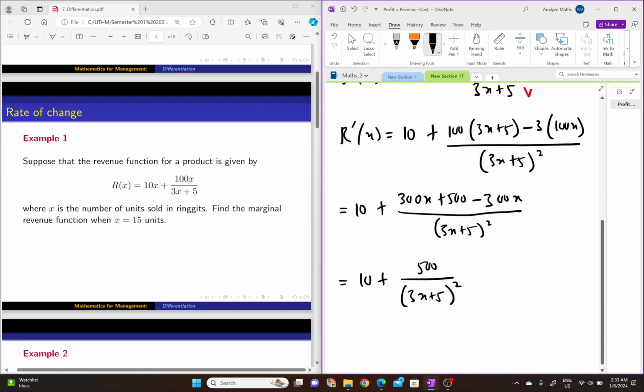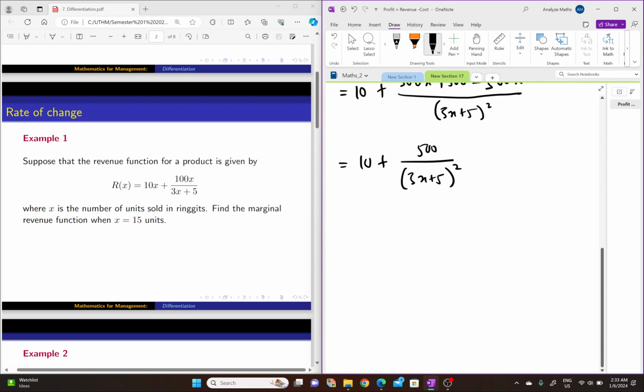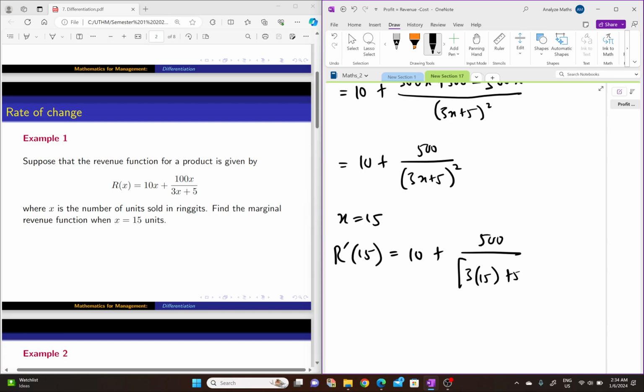This is the marginal revenue function. Okay, so you differentiate, and you will get the marginal revenue function. When x equal to 15, what is the marginal revenue? You will get 10.2. Okay, that is the question, and that is the answer.